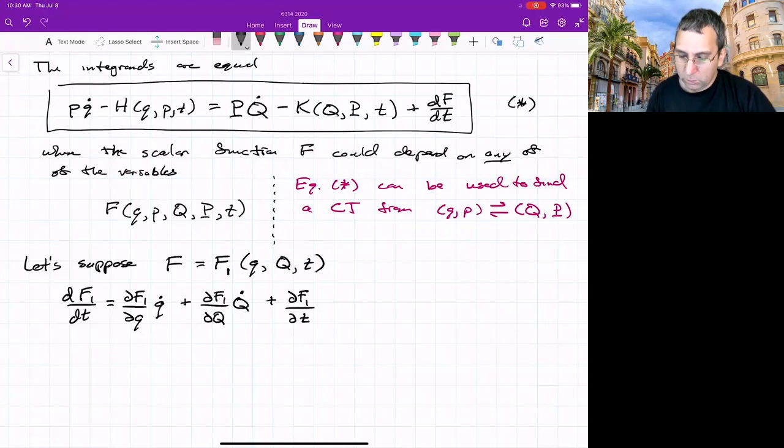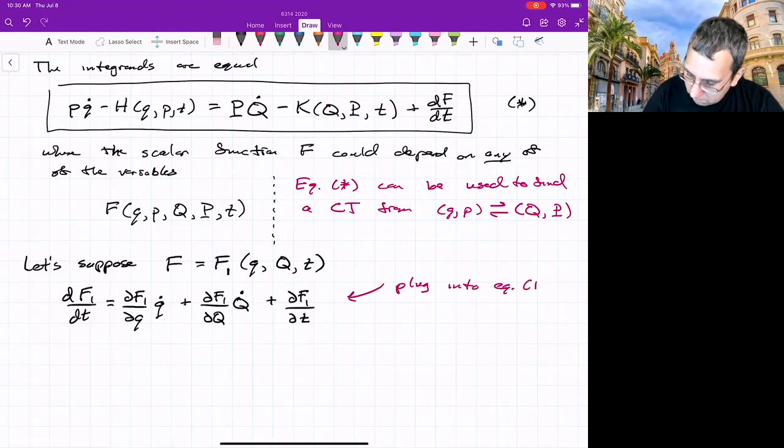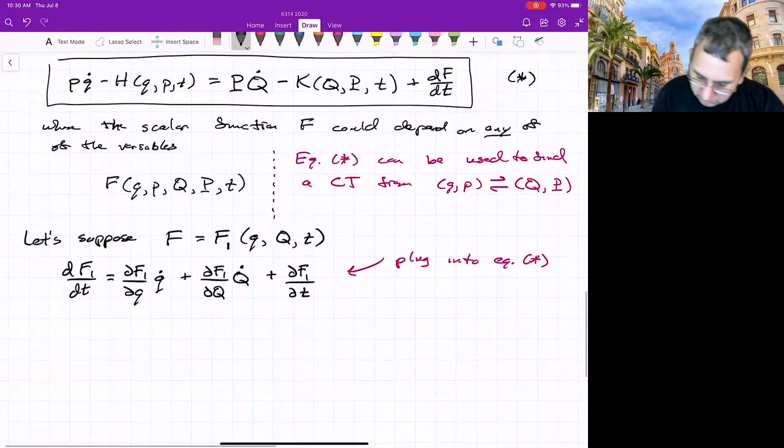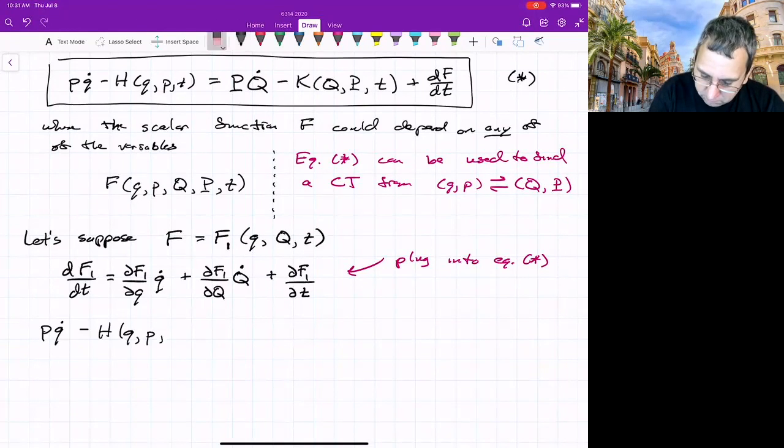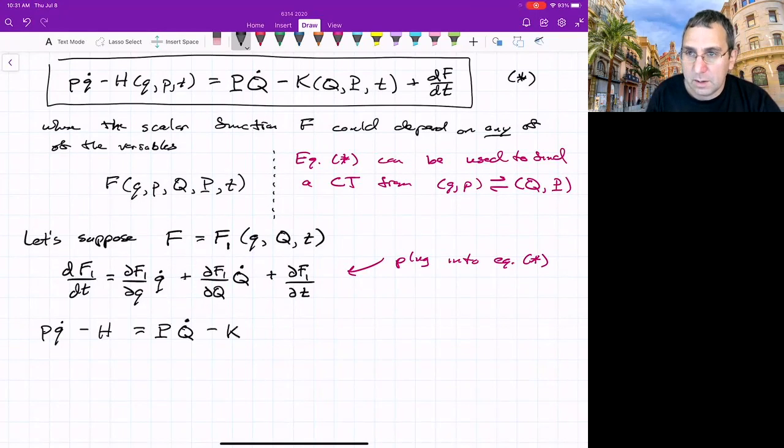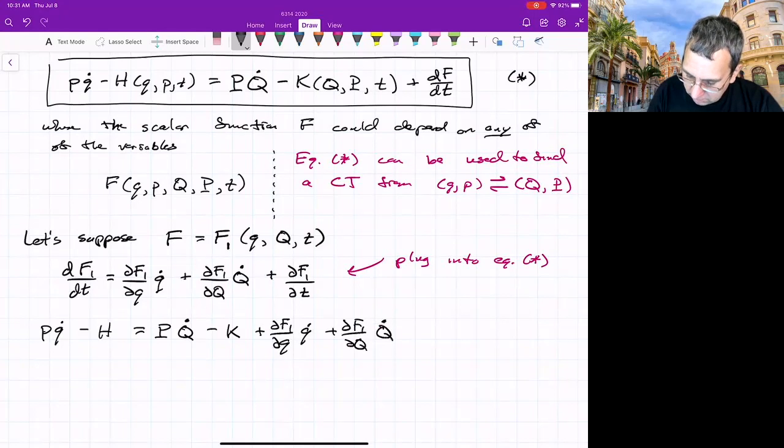Okay, and now we're going to plug this into that starred equation up above. So what do we get? p q dot minus H(q, p). Maybe I'll suppress this just to make it easier to write. p q dot minus K. And now all this stuff: partial F1 partial q, q dot, plus partial F1 partial big Q, Q dot, plus partial F1 partial t.